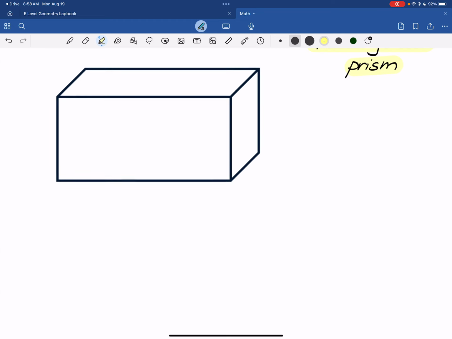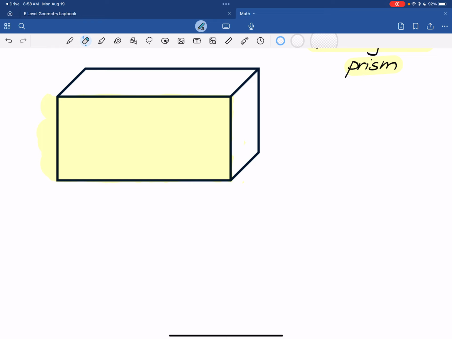And let me see if I can color a face here. Gonna go a little faster. I'll have to clean it up, but you can see this face coming together. There's the face. What kind of shape is the face? It's a quadrilateral because it has 4 sides.